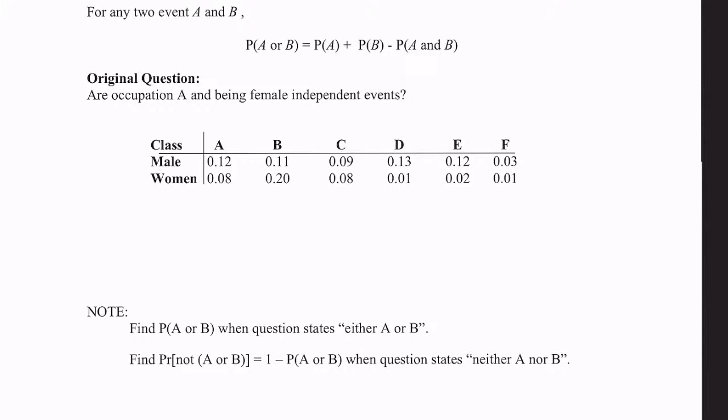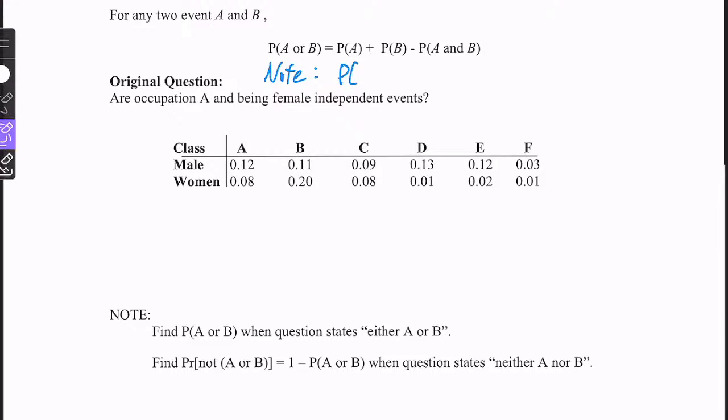Let's actually calculate A or B for this one. Oh no, because they're disjoint events, so it won't work. Okay, forget it. Because they're disjoint events, it doesn't matter. So anyway, we already used this rule.